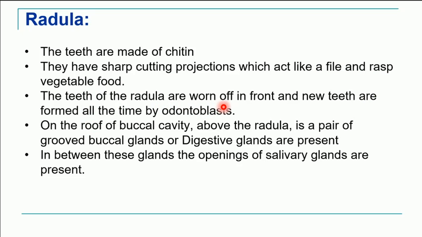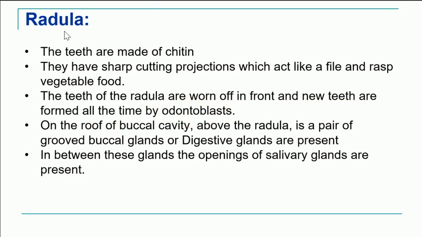Once they are used continuously, they deteriorate, and so new teeth need to be given rise to. These new teeth take the position of the old teeth, and they are formed by a type of cell called odontoblasts.